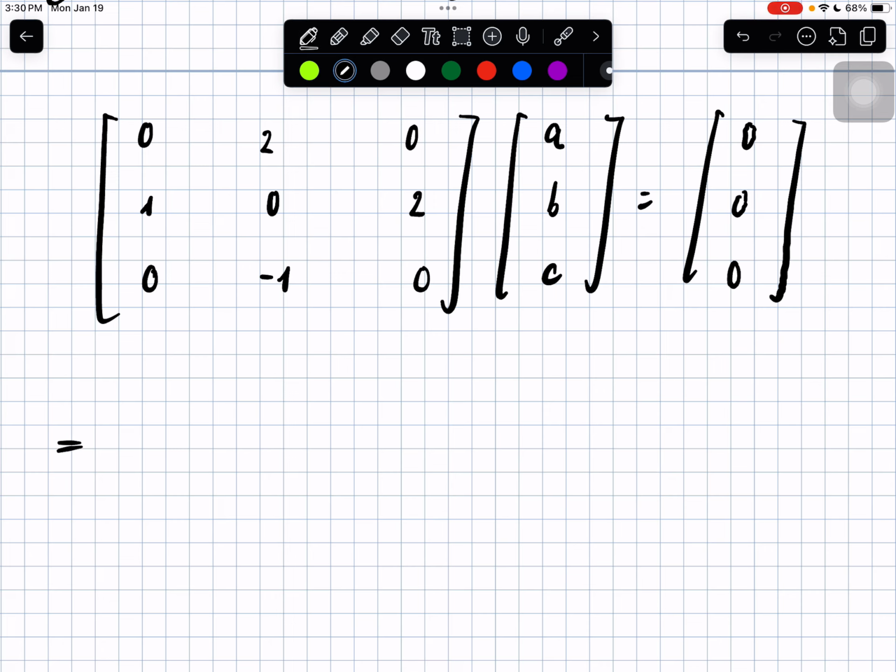We do the row reduction for this coefficient matrix.